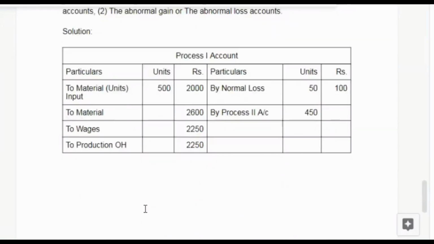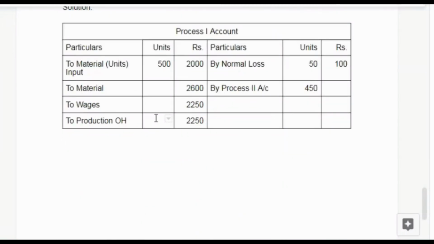And now we complete this process. What happens when we complete this process? First we need to close the unit column, and in the unit column the total is 500, and this side total is also 500. If the totals are the same, that means there is no abnormal loss or abnormal gain. It means your production is as per your expectation, as per your budget, as you decided before.